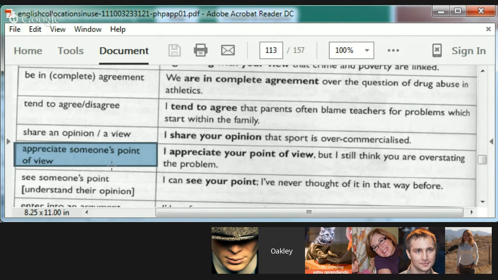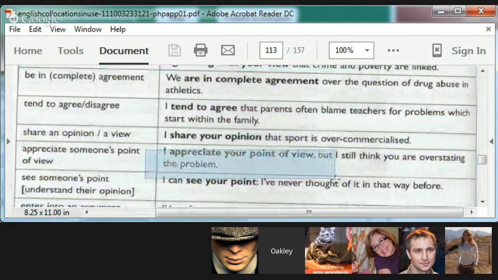Okay, next. Albina, appreciate someone's point of view. Yes, appreciate someone's point of view. I appreciate your point of view, but I still think you're overstating the problem. To appreciate someone's point of view, in this case at least, means that I find your opinion interesting, but I have a different opinion from yours, but I like yours too.